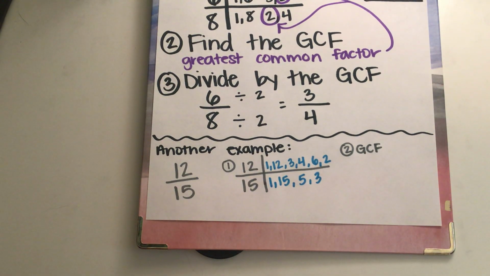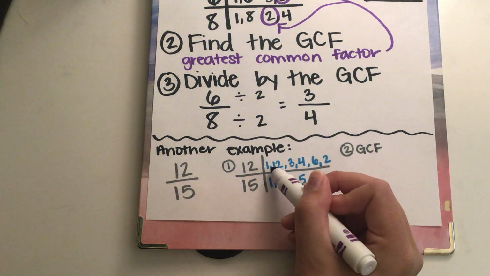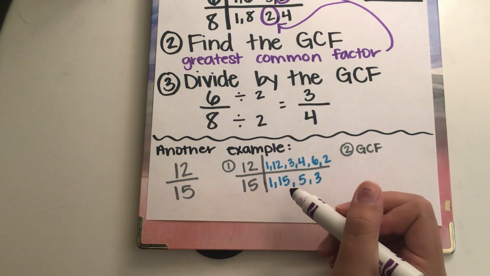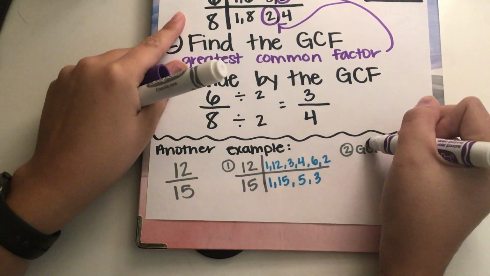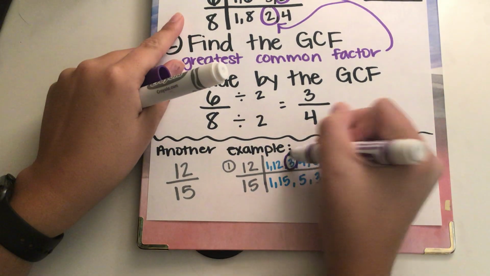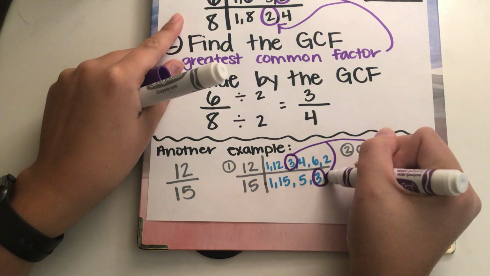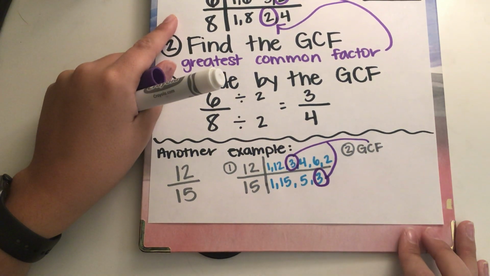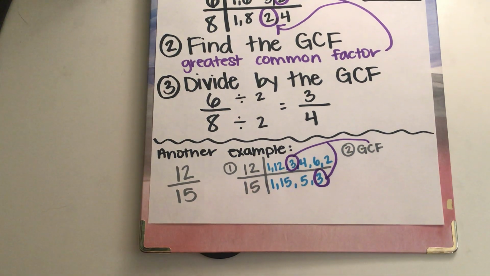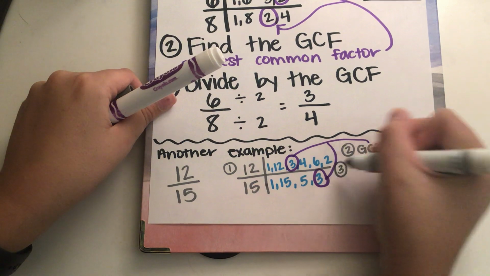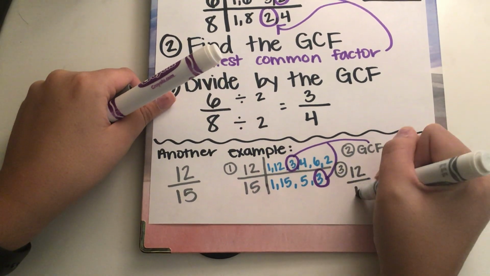So I'm going to look through and let's see. I see that I have 1s in common. What else do I have? Oh, it looks like I have 3s in common. So I'm going to go ahead and circle my 3s. Step number 3 is to divide by the greatest common factor. So I'm going to go over here. I'm going to say step 3, 12/15.